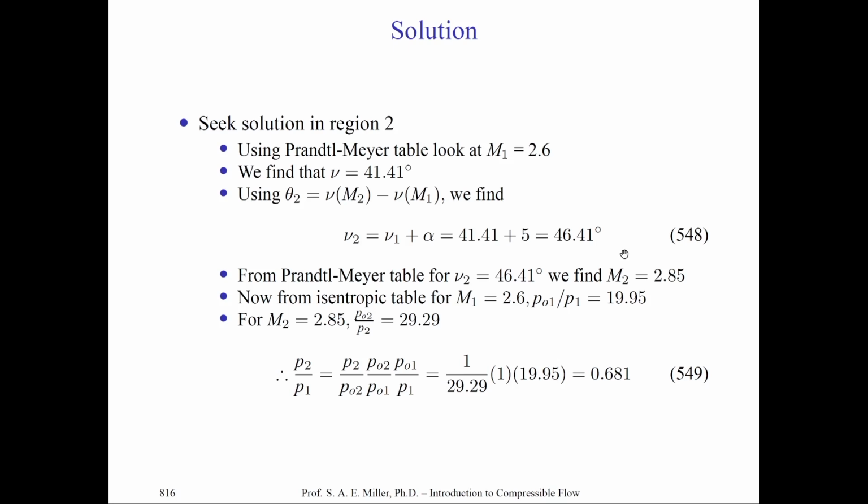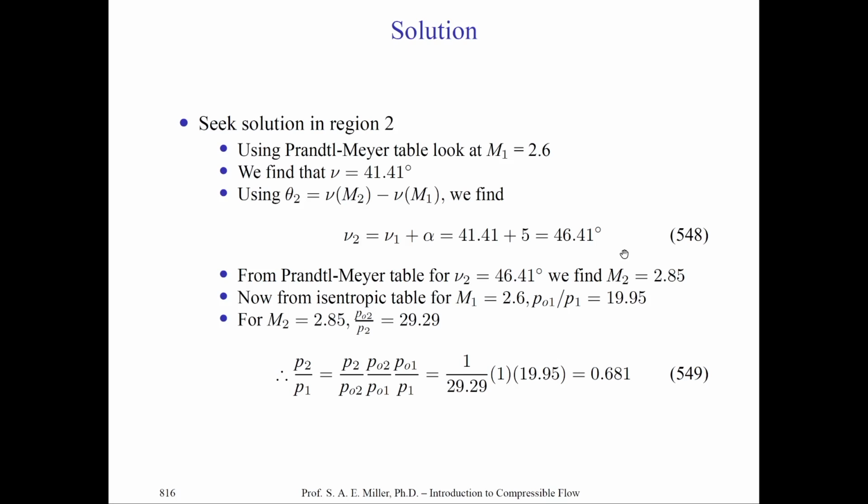Therefore, we know PO1 equals PO2, and therefore we can solve for P2 over P1 by taking the ratio, as I did in 549. You can see P2 over P1 goes as, expanding out, P2 over P1 times PO2 over PO2 times PO1 over PO1.